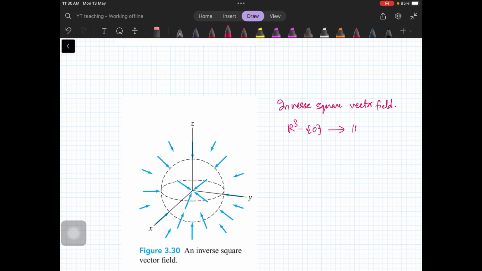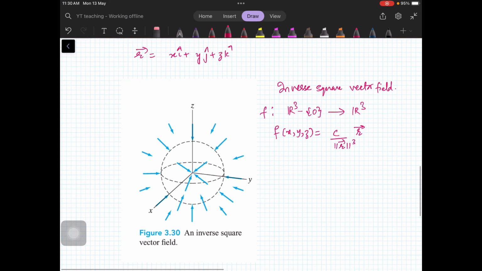This is a function f of x comma y comma z equal to c upon mod of r cubed into r vector, where r vector is your position vector, x i cap plus y j cap plus z k cap. We have this formula in magnetic fields and electrostatic fields also, and gravitational forces are also governed by this vector field, right?